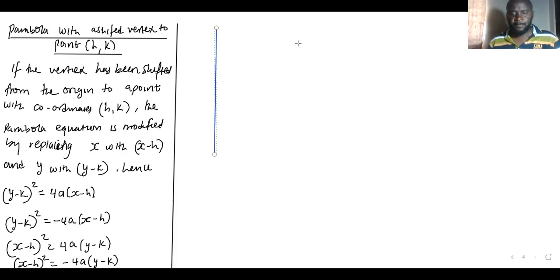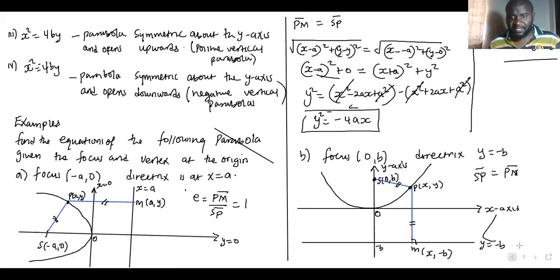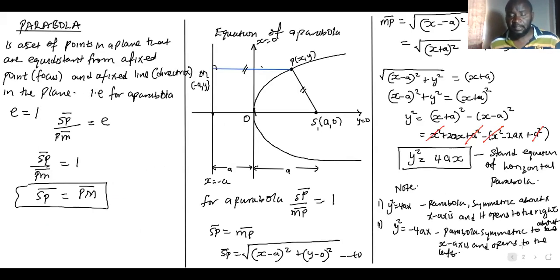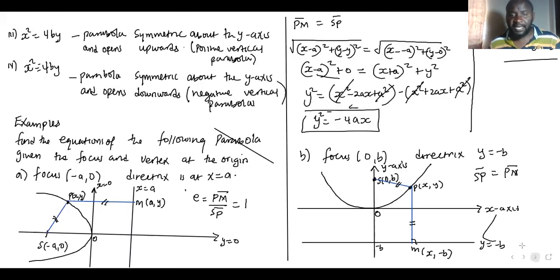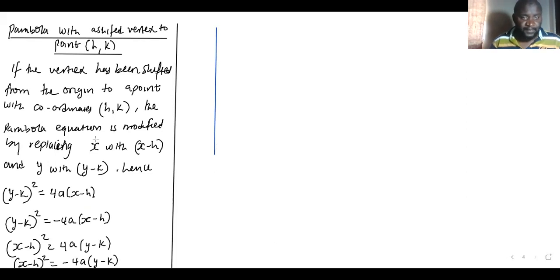I'm saying that we have you got 4a. And the standard equation of a parabola is in the form y² = 4ax. So we have said the x is replaced with x − h, whereas the y is replaced with y − k. Okay?